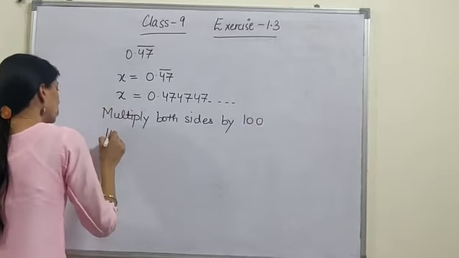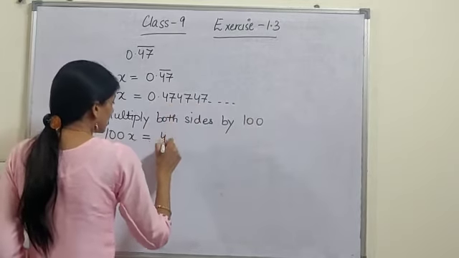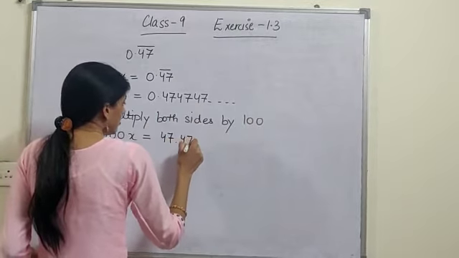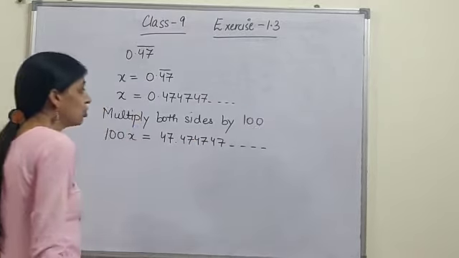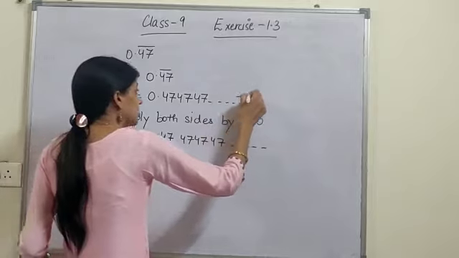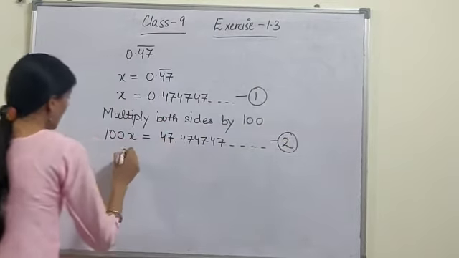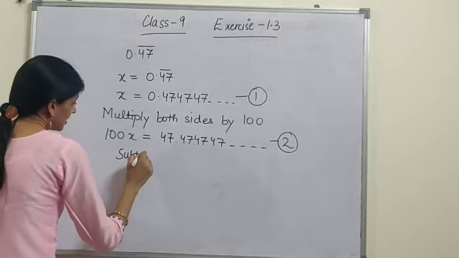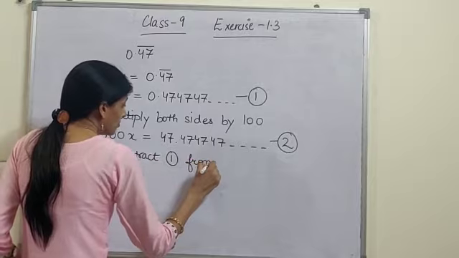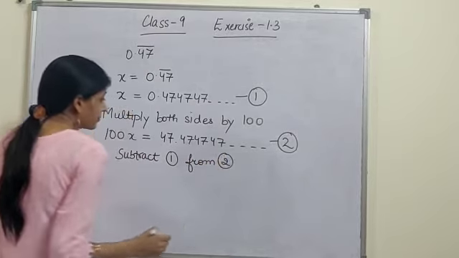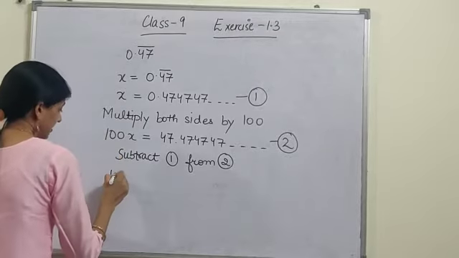So it comes out to be 100x equals 47.474747 and so on. Name it as 1. Name it as 2. Again, subtract 1 from 2. Right? 100x minus x.